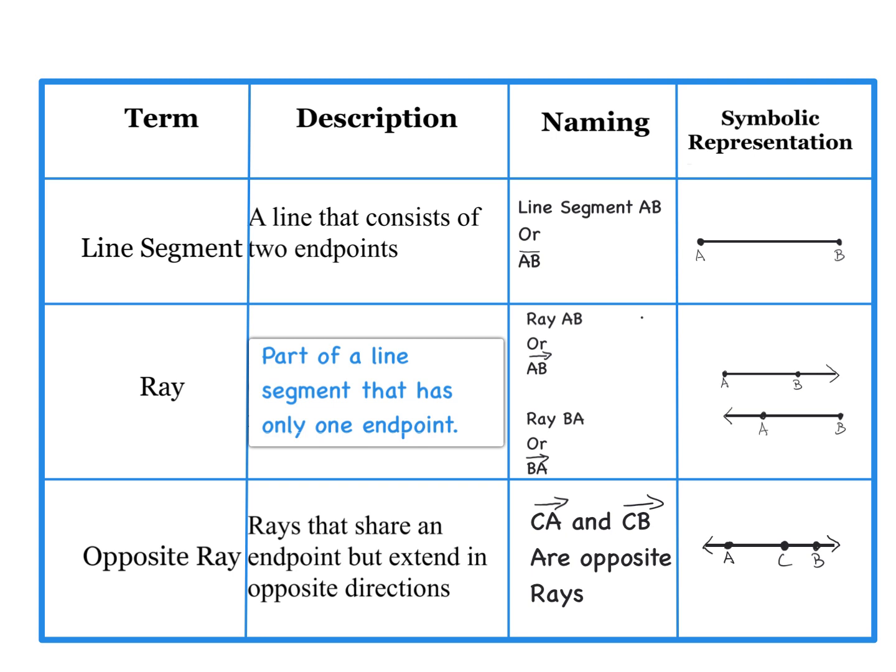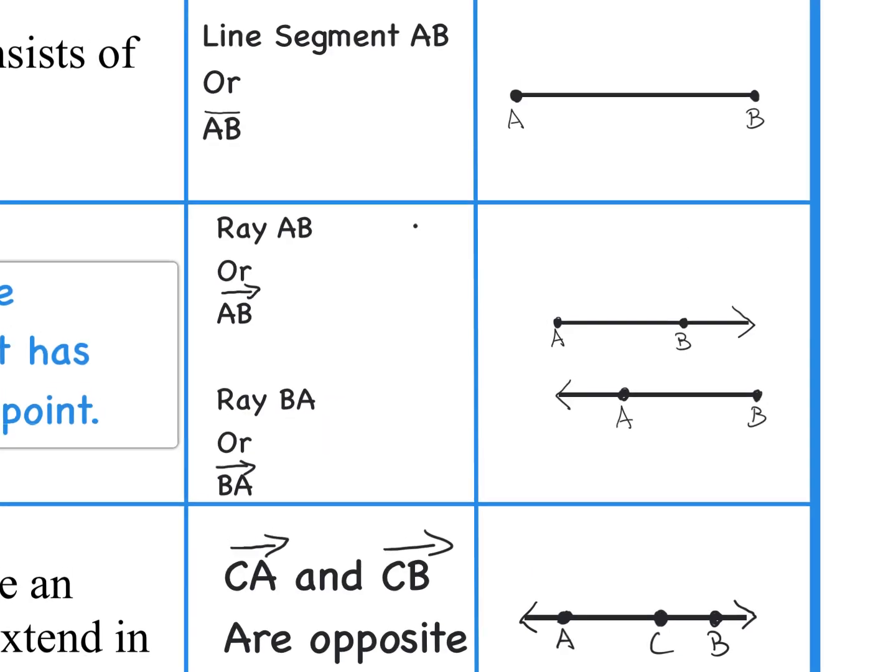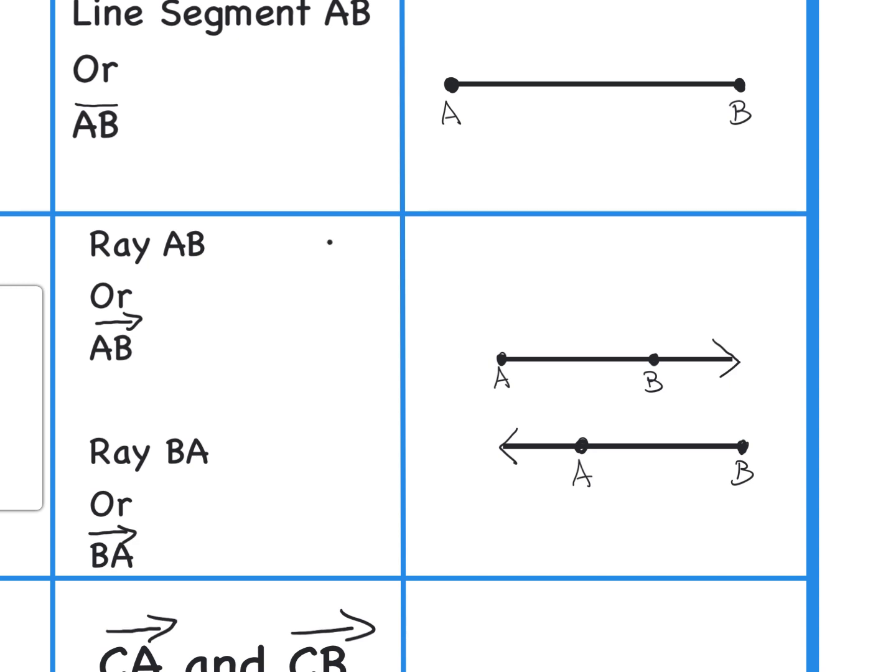Okay. All right. So a ray, it starts at one point and goes on forever in the other. Now when you name it, the letters have to start with the starting point. So like on this one, see how A is our starting point? Make note of this.